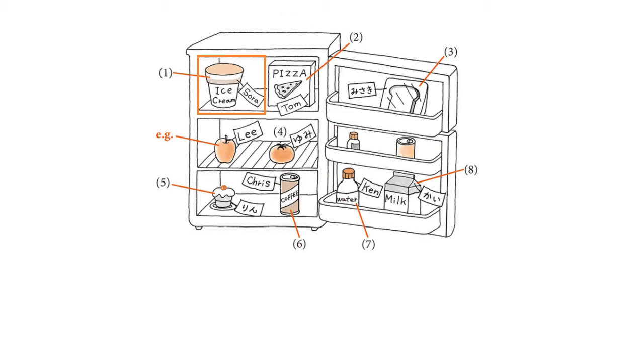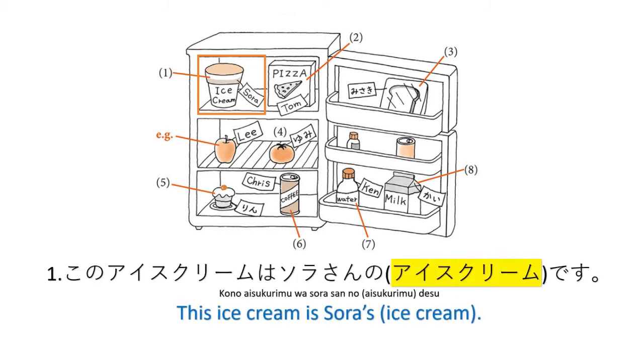So the ice cream of Sora-san. So here is the answer. Kono ice cream wa Sora-san no ice cream desu. Again, we do not need to repeat the word ice cream. So, kono ice cream wa Sora-san no desu. We omit the second word, ice cream. This ice cream is Sora's. Okay?